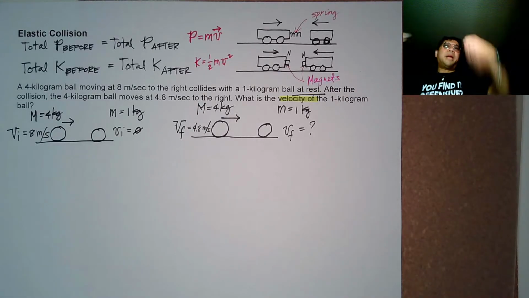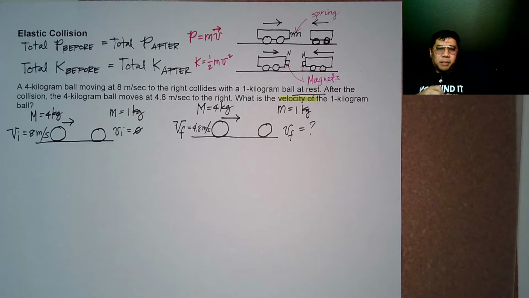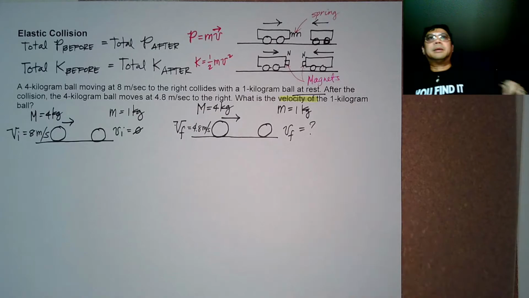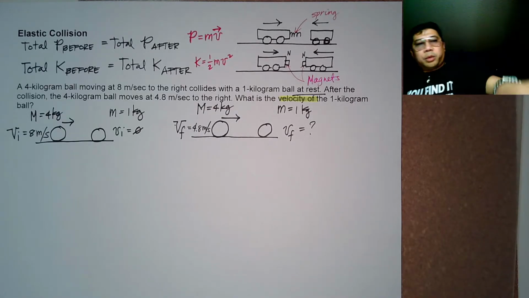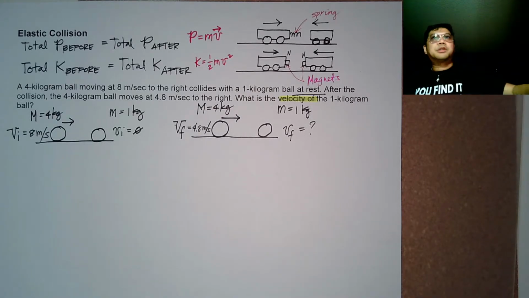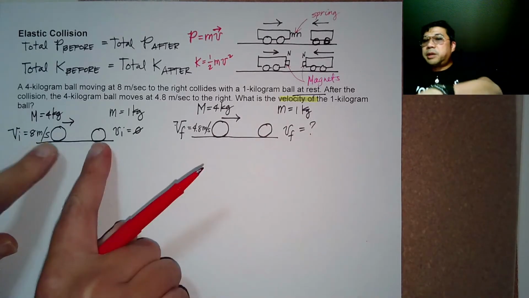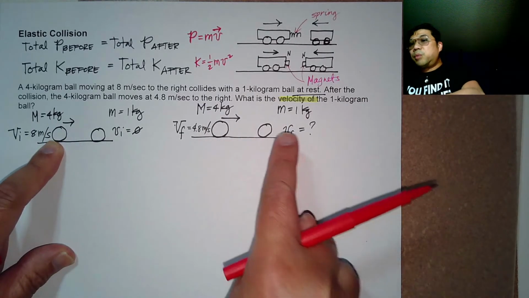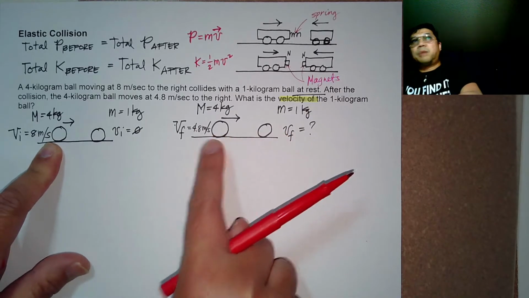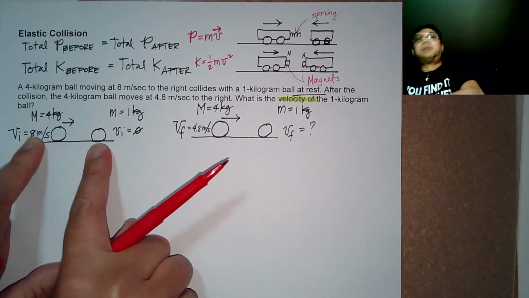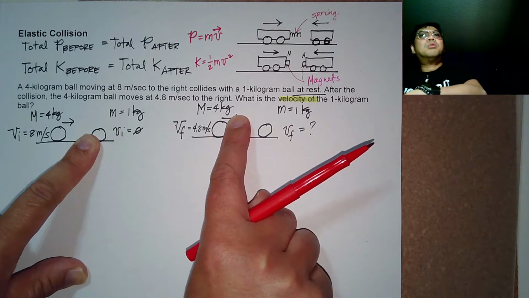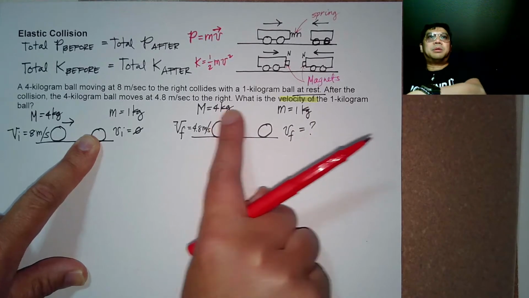But right now, we can come up with an assumption that the object is moving to the right after collision. Without even calculating, you know right away that it will move to the right, because the 4 kilogram object collided with the 1 kilogram object that is not moving, and continues to move at 4.8 meters per second to the right.